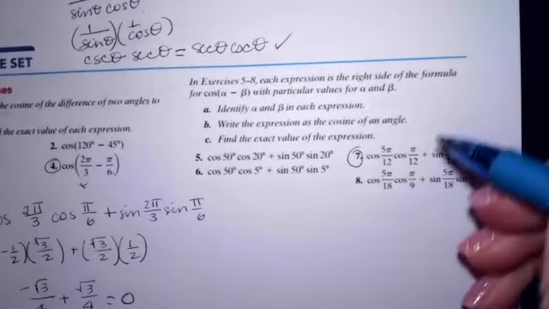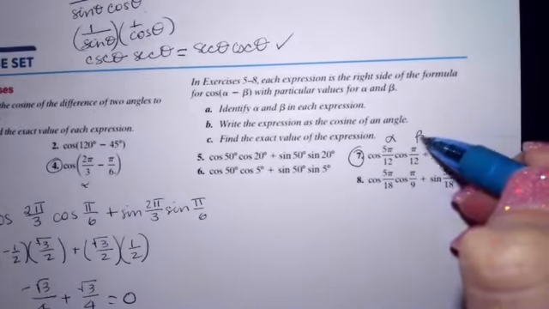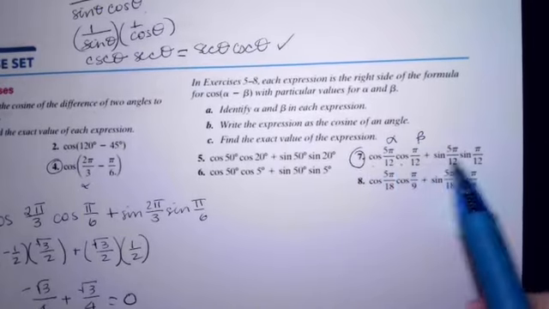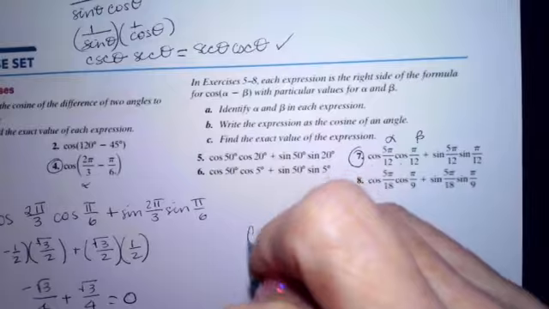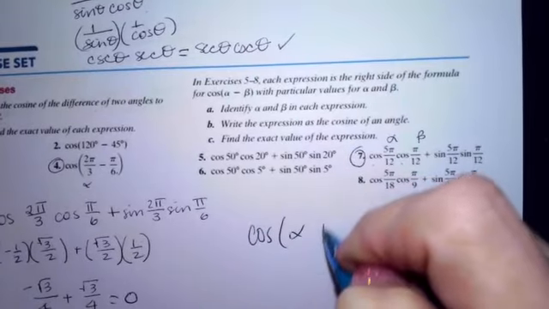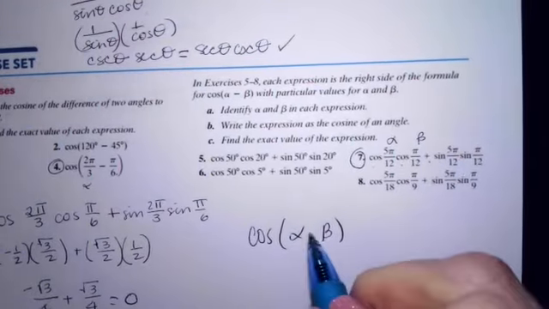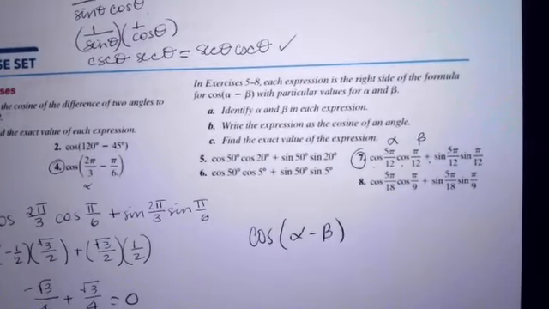So looking at 7, this is my alpha, this is my beta. We have cosine, cosine, and sine, sine. So this is going to be cosine of something alpha, beta. It's the opposite sign for cosine, so that's going to be alpha minus beta.